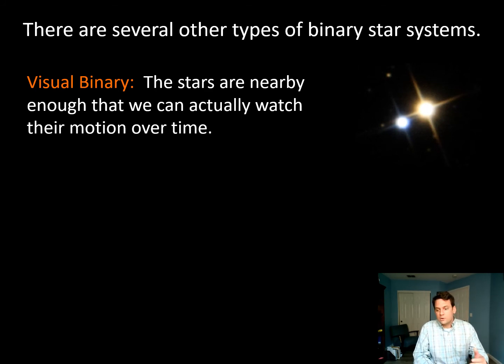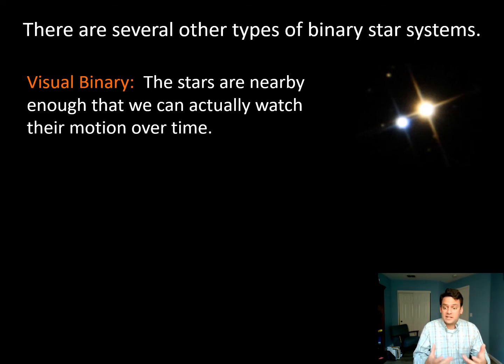And so, of course, there are visual binaries now that would not have been called visual binaries in the past because our technology wasn't good enough to observe them yet. And there may be binary star systems that we don't call visual binary star systems yet because our technology hasn't advanced to the point that it will in the future. So again, it's nothing fundamental from a physics perspective.